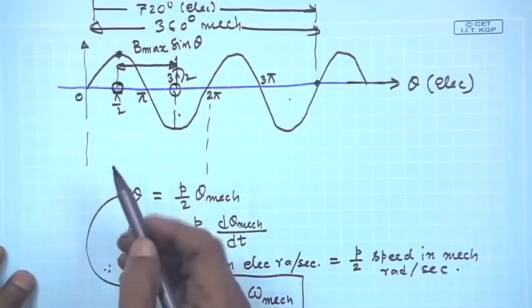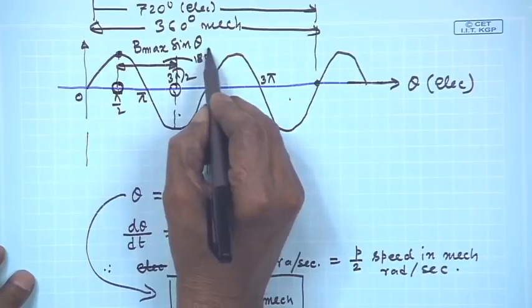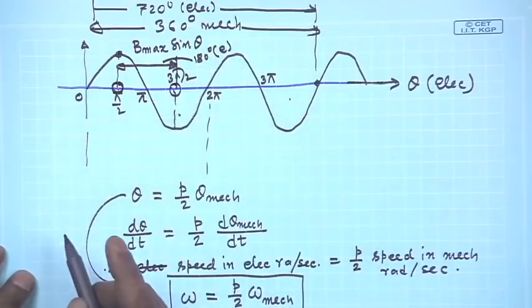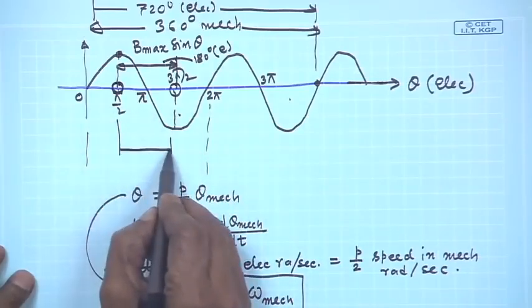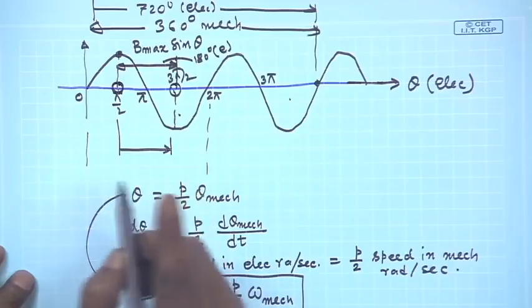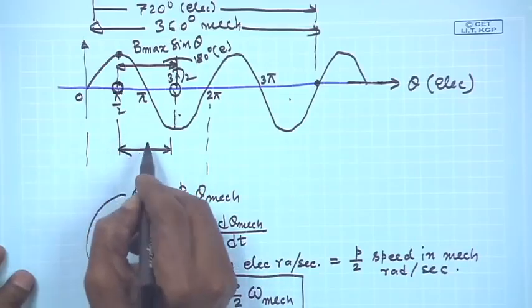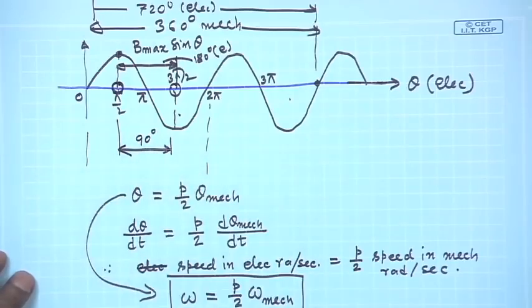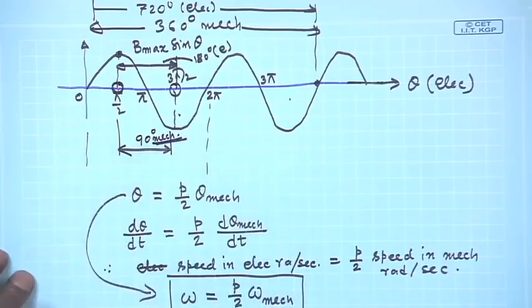In terms of electrical degrees, it should be 180 degrees electrical, but in terms of mechanical degrees, this angle is only how much? 45 degree, no, not 45, 90 degree, half of this. So, this is 90 degree mechanical. Got the point?